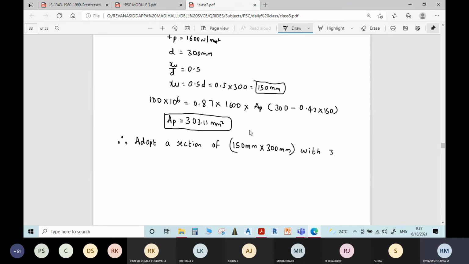I will round it up to 300, with 300 mm square of high tensile steel.